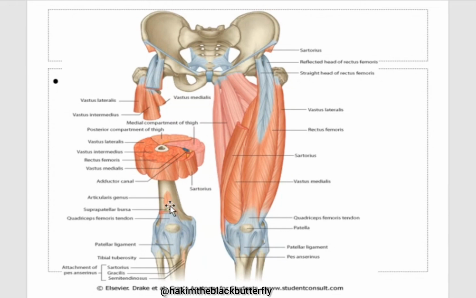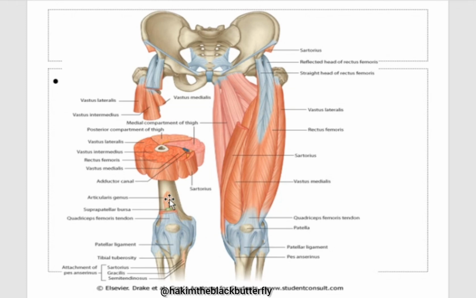There is this small muscle known as articularis genus from the anterior surface of the distal femur. It attaches to the capsule of the knee joint. This muscle is very small. It just elevates the synovial membrane, the capsule of the knee joint, when the knee is moving.